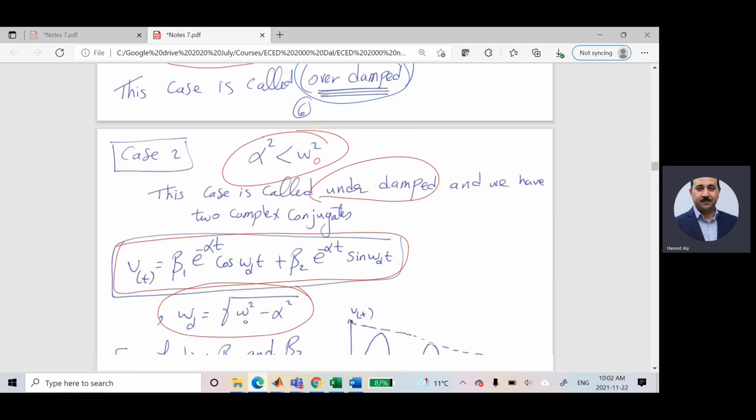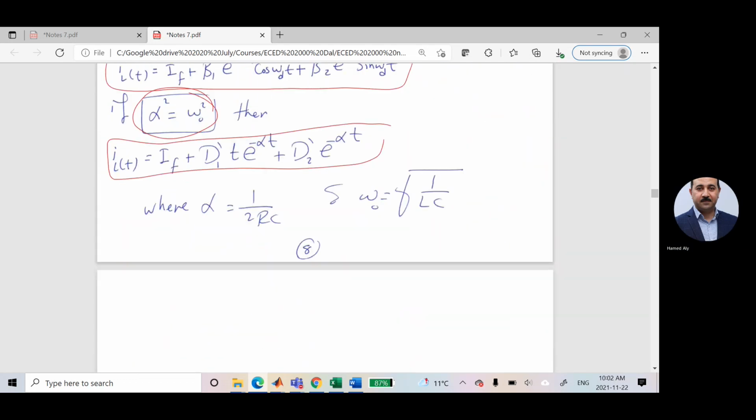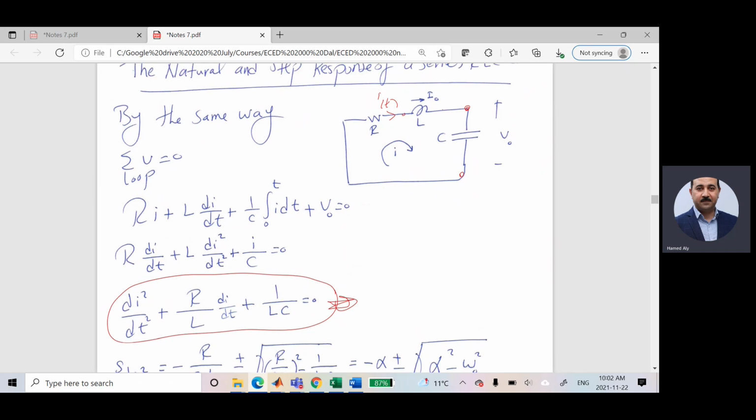This is what I'm doing here. I'm going to assume my solution i(t) is equal to what? It is equal to A times e to the power st. Then substitute by that here in this guy. Oh, so this is I. Sorry, this is I over LC. Then try to solve for finding s.